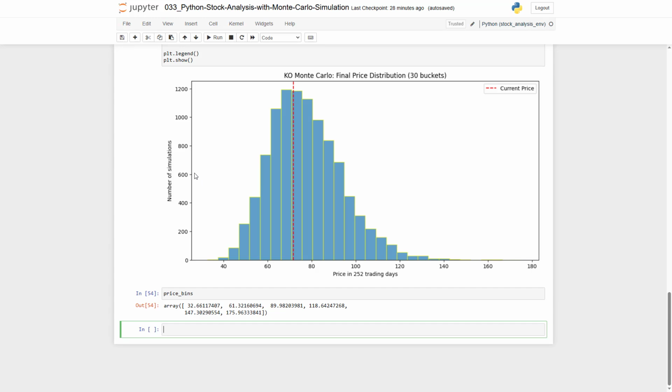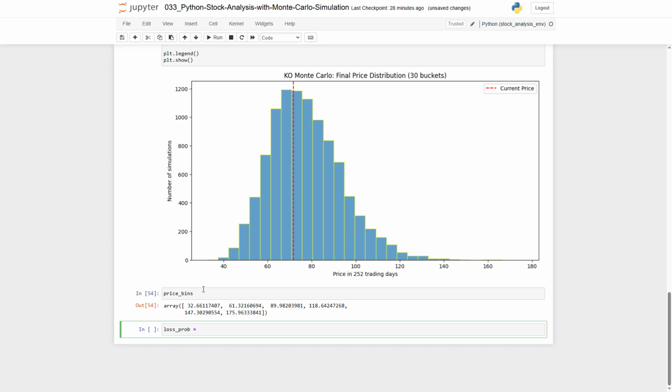But in general, if we want to calculate some risk metrics, here is what we should do. Pretty much the most important one is the loss probability, which is as simple as it can get.